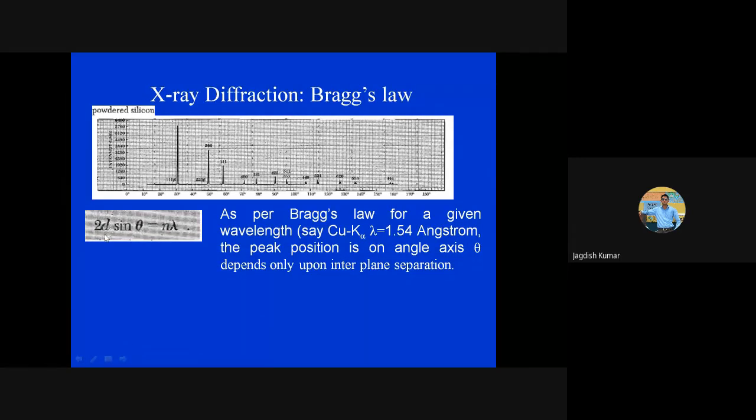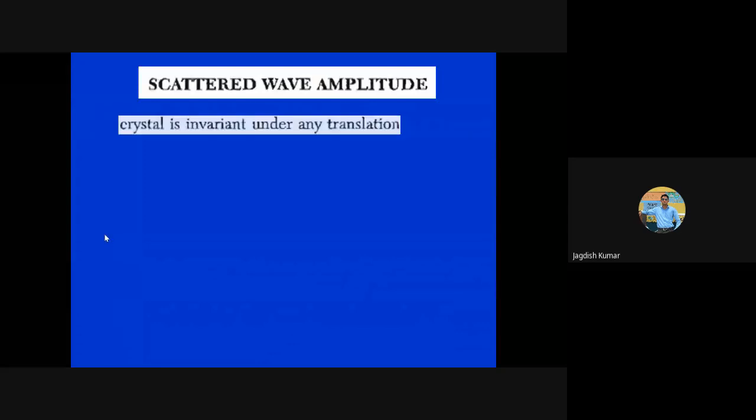Suppose sodium chloride has an FCC structure, then you can find the interplanar spacing for say the 110 plane or 100 plane, and from the lattice constant you can calculate at what angle the peak should appear. That is fine, but this expression nowhere talks about the intensity, as I already conveyed.